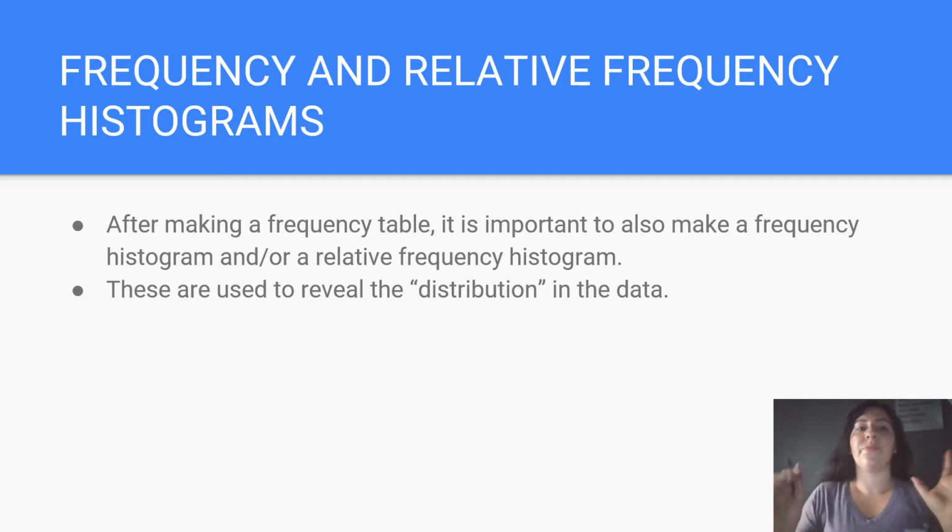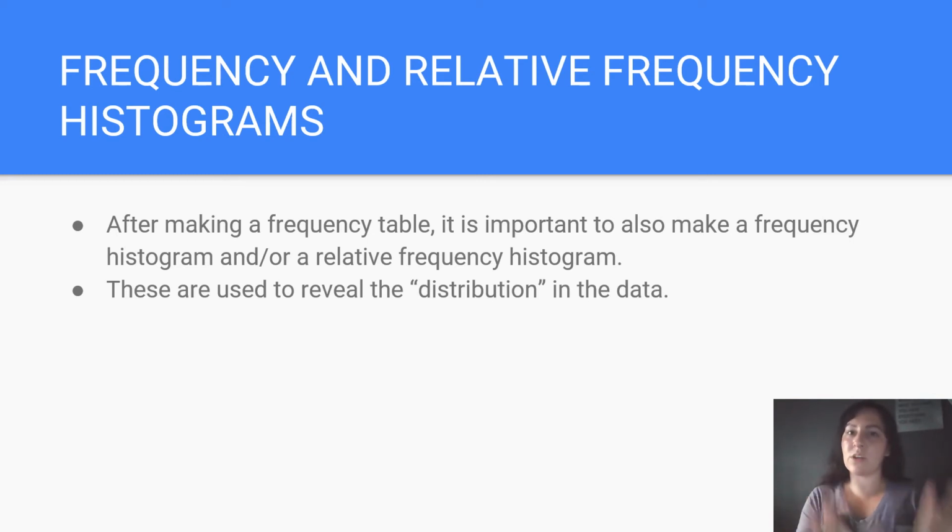Okay, so bringing that whole idea to closing, for frequency and relative frequency histograms, you have to start with making your frequency table, and off of that frequency table, it's always good to make a relative frequency section as well. You might feel it's worthwhile to include a relative frequency histogram in your study.